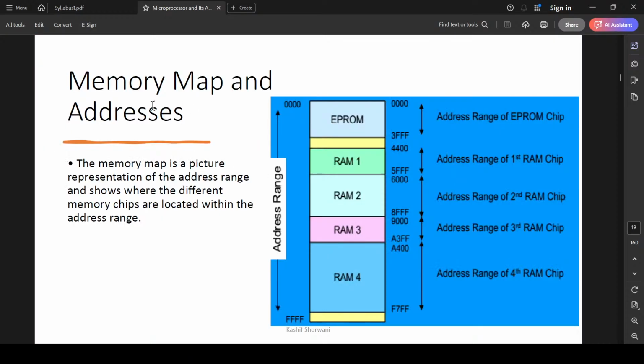Memory map and address. If someone asks what the memory map is, you can just draw this. The memory map is a pictorial representation of the address range and shows where the different memory chips are located within the address range. We have EPROM, then RAM 1, RAM 2, RAM 3, RAM 4.